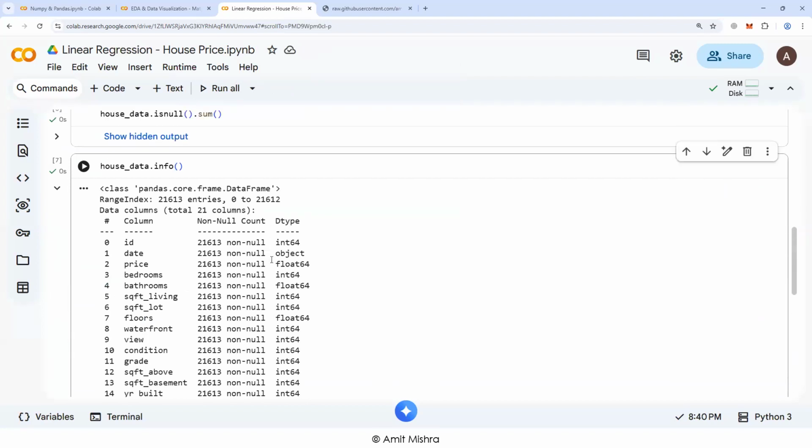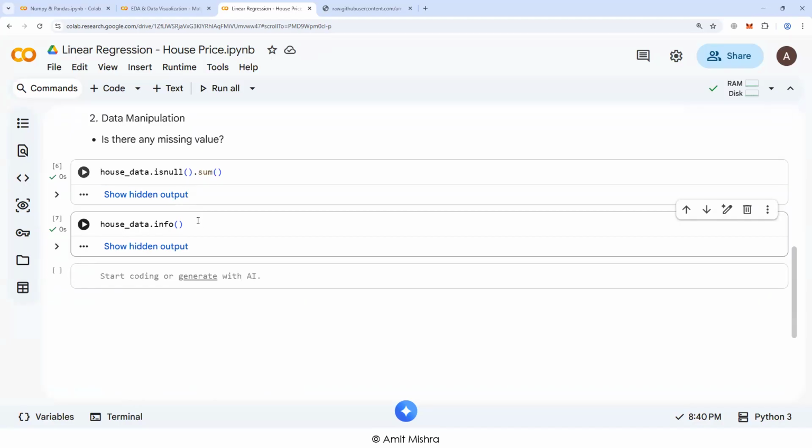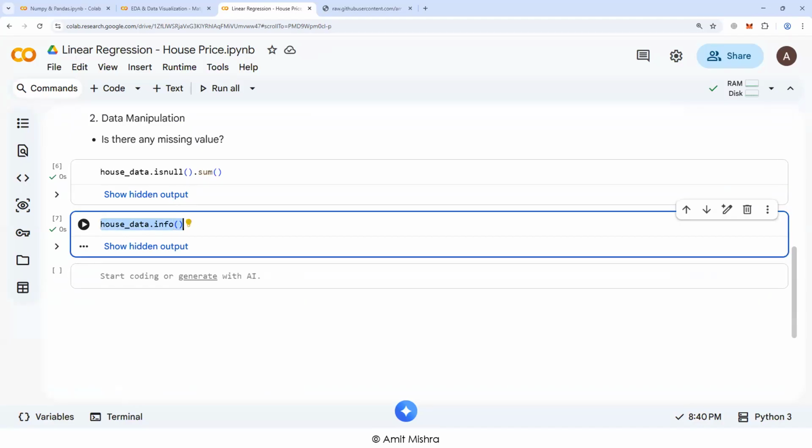If there is a problem of missing data, you will see that a probable column, say price here, is represented in dtype as object, so you need to understand that there is something problematic in the data set. But if it is numerical, that means no issue. This is your test number 2 to find if there is a problem in the data set.